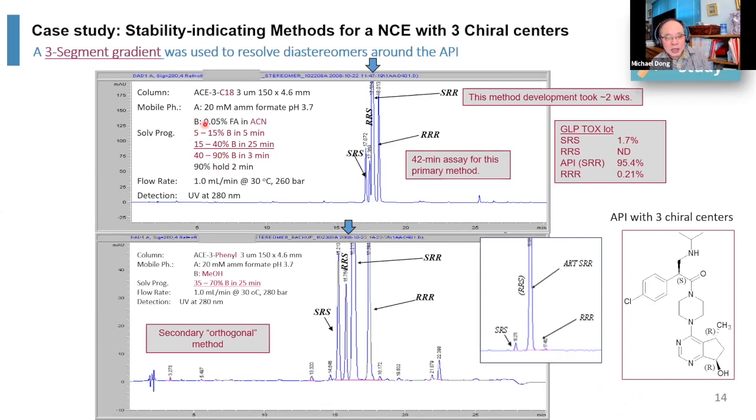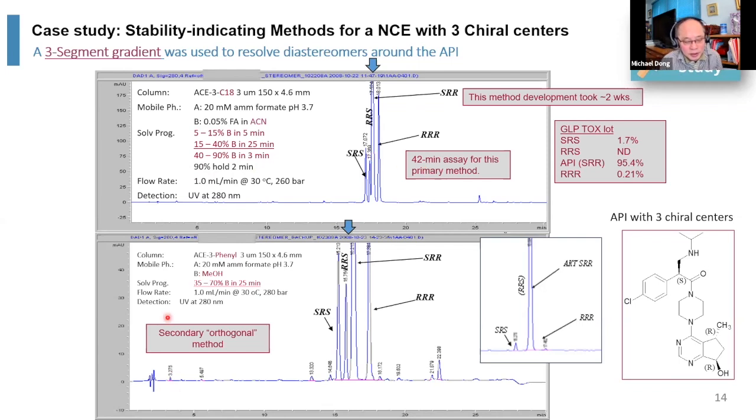You can see that it's a 3-step gradient. First step is 5 to 15%. The primary step is 15 to 40% in 25 minutes. You have a purging step, purging gradient of 3 minutes. You hold for 2 minutes, and you equilibrate, right? So total is 42 minutes. This is the primary method.